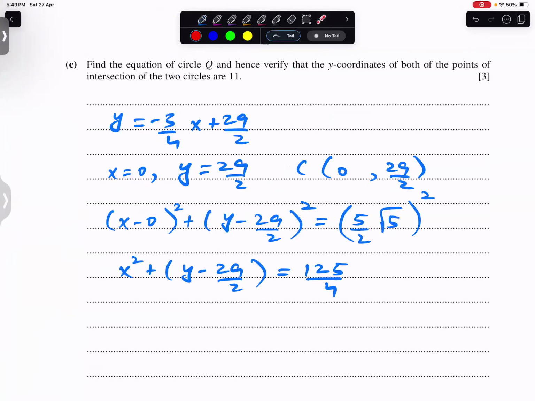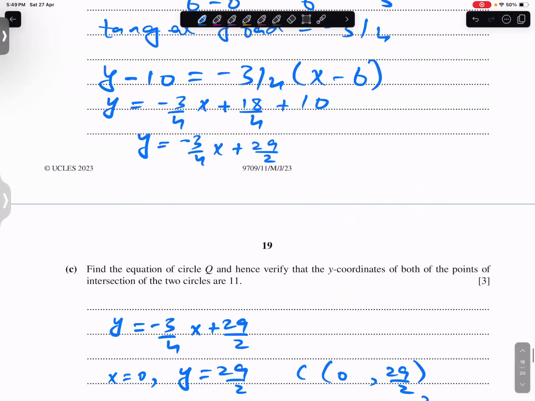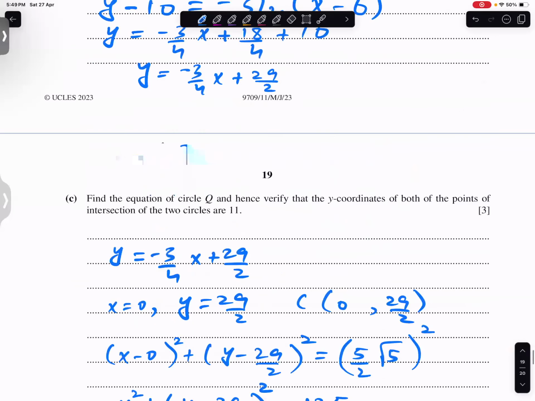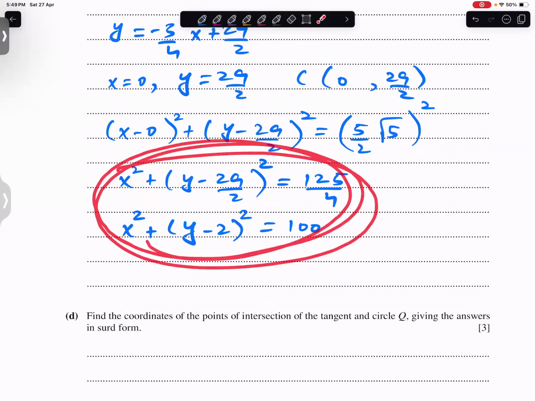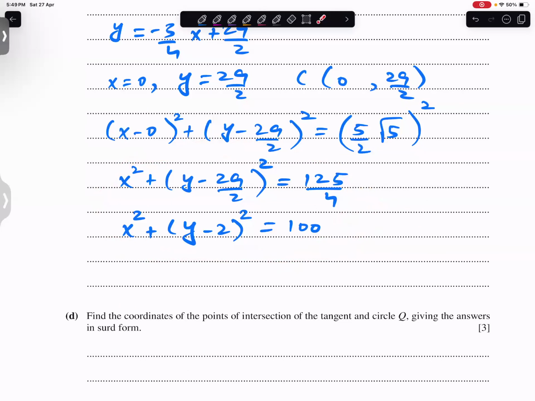Also, students, let's verify that the y coordinate of both of the points of intersection of the two circles is 11. So this is circle Q and this is your circle (y − 2)² = 100. You need to solve these circles simultaneously to get the value of y.